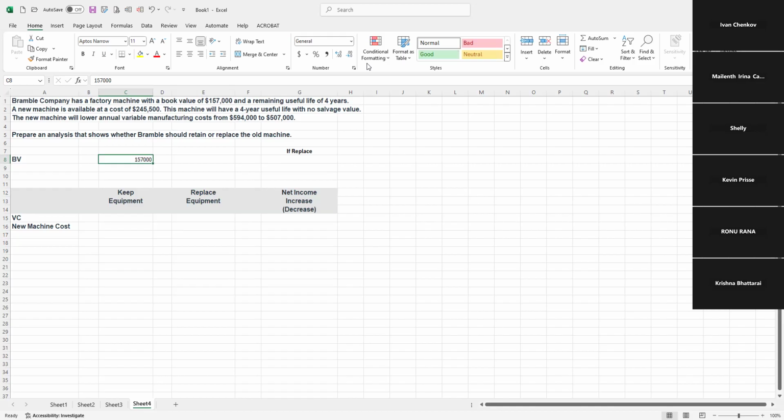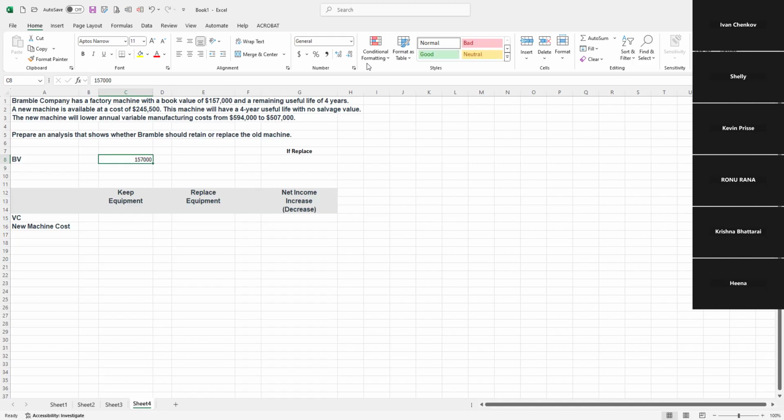This machine is going to give savings of this one minus that one, $87,000 per year, correct? Yes. Now the question is, do we have a salvage value of the older machine? No. No salvage value of the old machine.